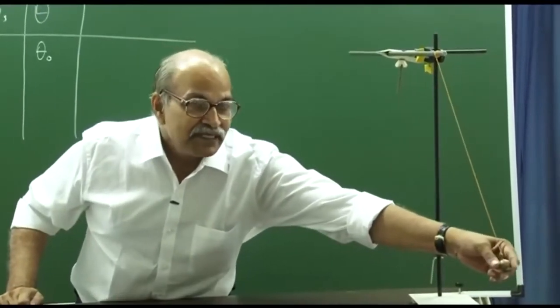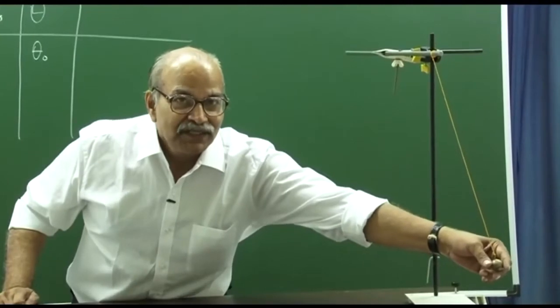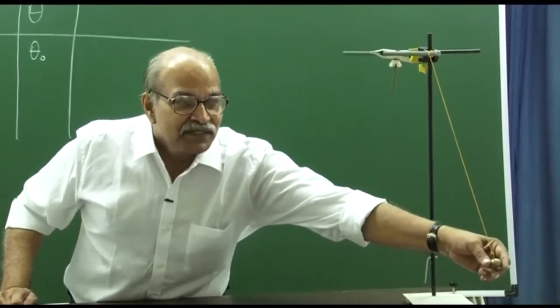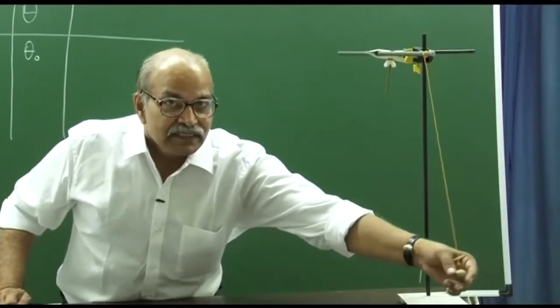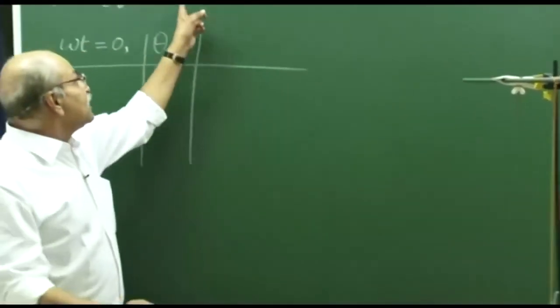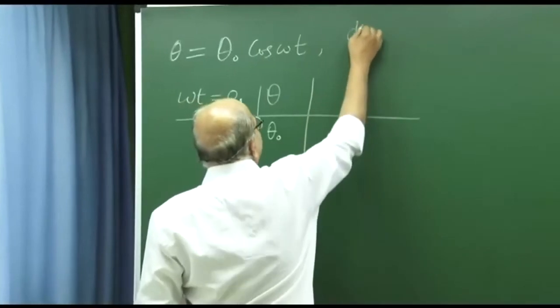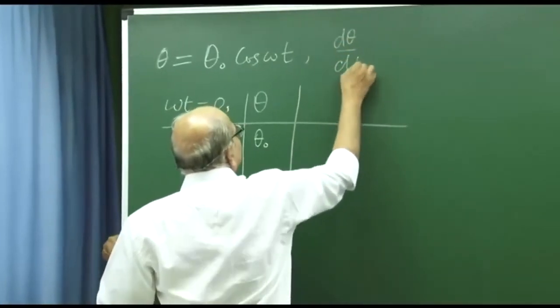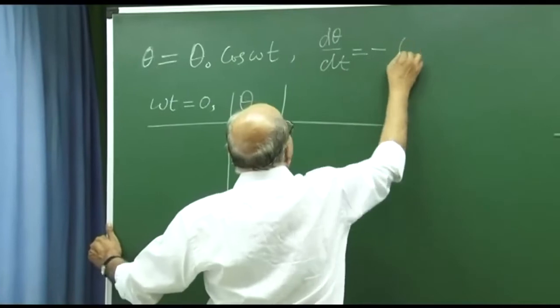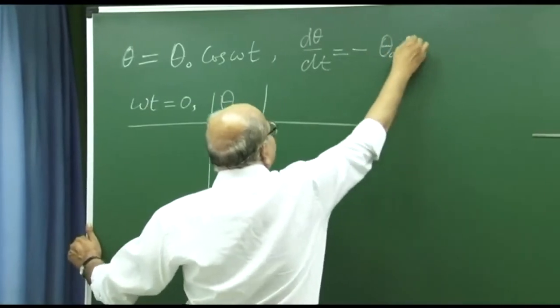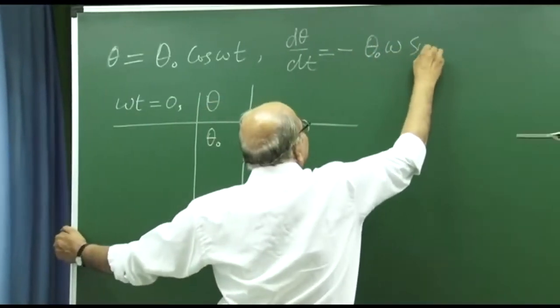And what is the velocity here? The angular velocity is 0. Once it is at extreme, the angular velocity is 0. That also will come from here. If this is theta, the angular velocity you can write d theta by dt, and that will be minus theta naught omega sine omega t.